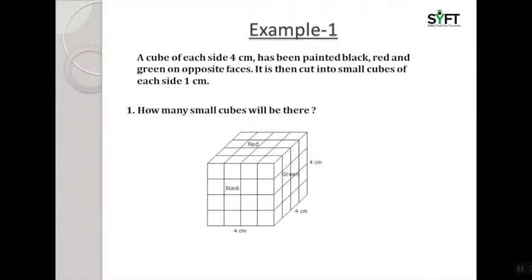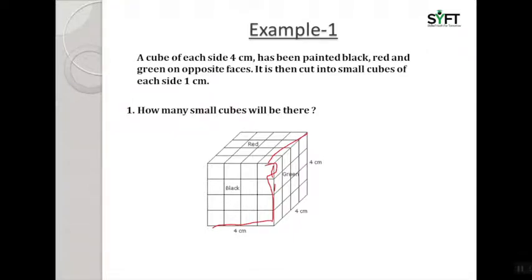So if we have a cube and each side is 4 centimeters and we cut each side as 1 centimeter each, we have 4 cubes on this side and 4 cubes on this side. So the number of cubes will be according to the volume of the cube.